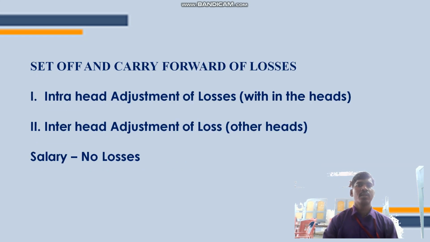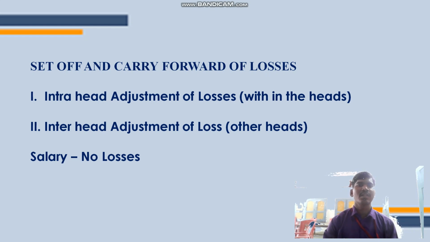So here I am going to explain about set off and carry forward of losses. If there is any loss incurred in a particular business or house property, capital losses or from the other sources, these losses can be adjusted, which means set off, from the incomes.